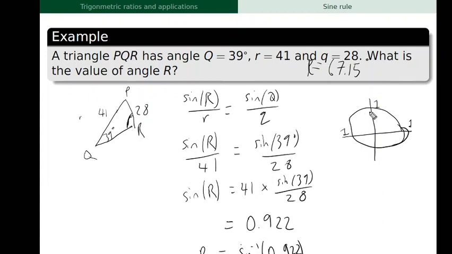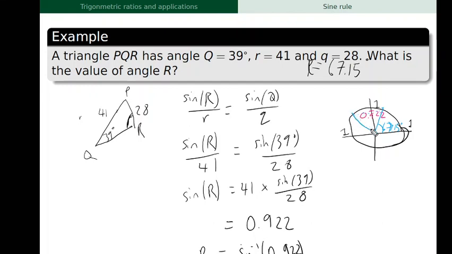That means the y value on a unit circle is somewhere up here, of 0.922. So the 67 is about there. That is what your scientific calculator is going to tell you, 67.15 degrees.